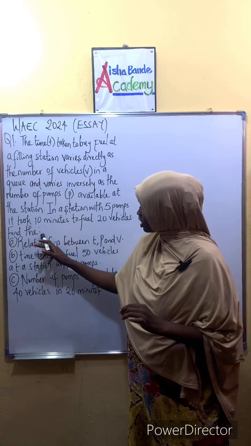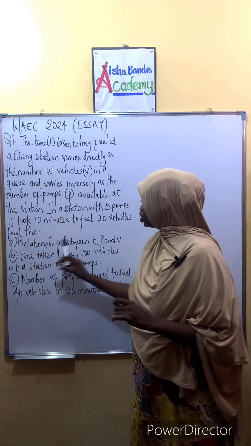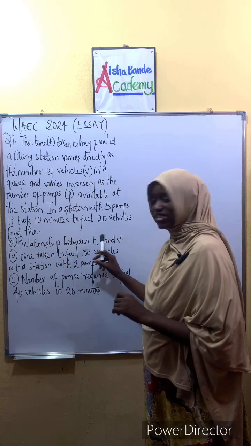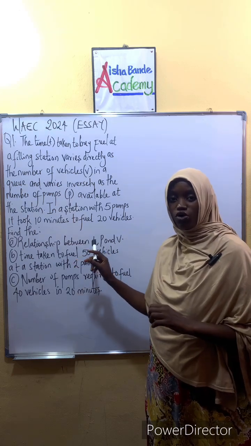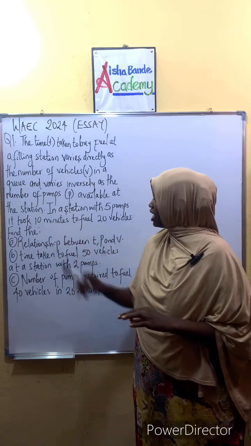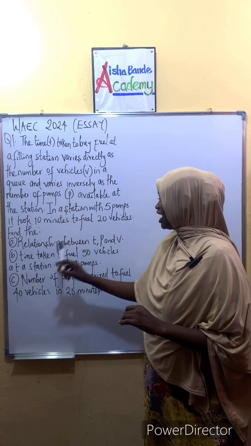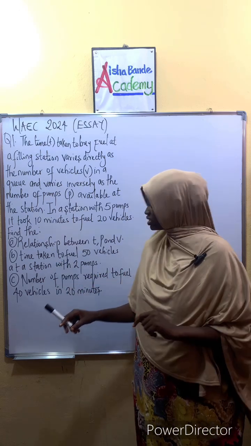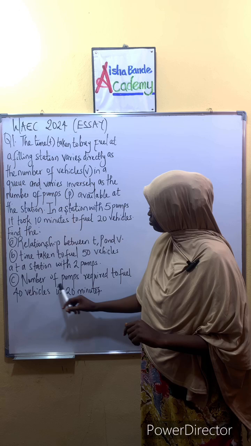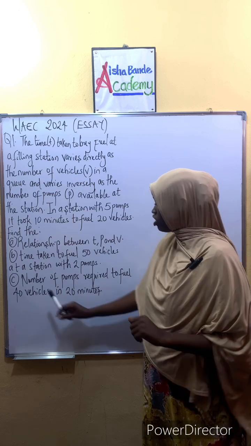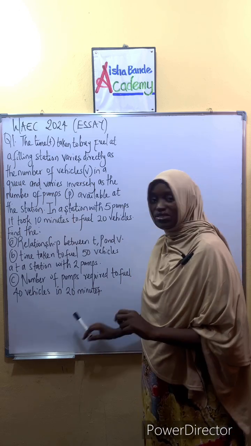The first question is to find the relationship between T, P, and V, where T is the time, P is the number of pumps, and V is the number of vehicles. The second says we should find the time taken to fuel 50 vehicles at a station with two pumps. The third says find the number of pumps required to fuel 40 vehicles in 20 minutes.